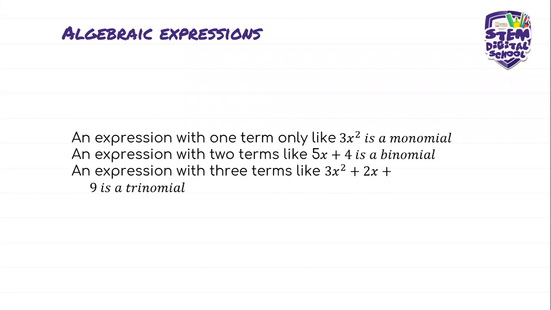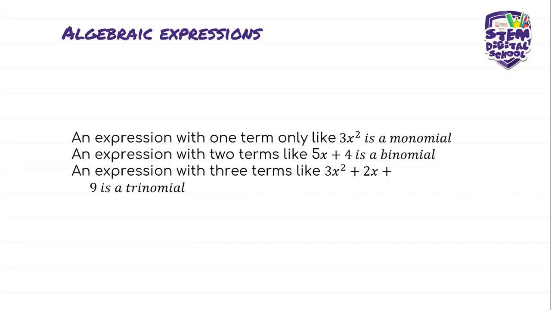I just want you to remember the trinomial, binomial, and monomial. Those are the 3 terms that we will be working with, because I'm going to give you an activity shortly based on the following expressions: the monomial, the binomial, and the trinomial.